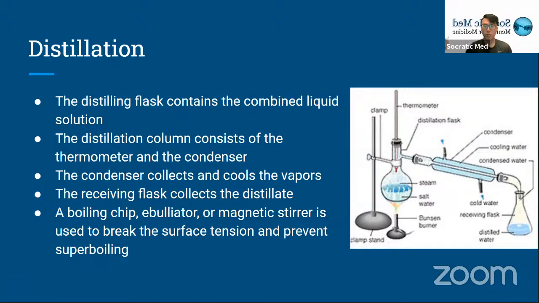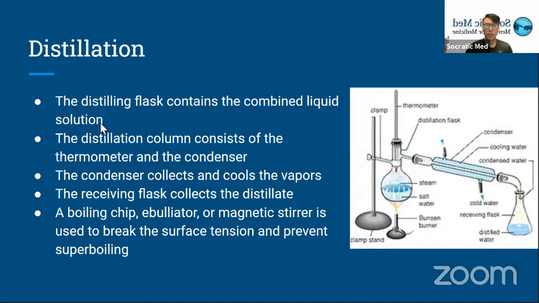These are used to break the surface tension and prevent superheating. So it moves around in the liquid to break surface tension. This is important because if it gets too hot, the whole distilling flask will shatter, and your experiment will be ruined because this whole technique is based on boiling the liquid.